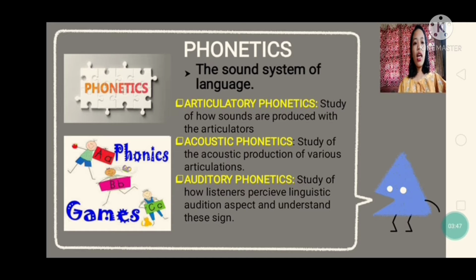The acoustic phonetics, the study of production of various articulation. And the auditory phonetics, the study of how listeners perceive linguistic, audition aspect, and understand design.